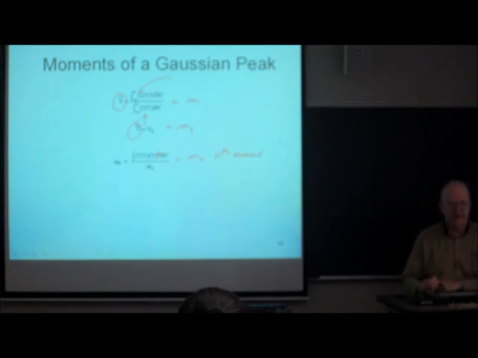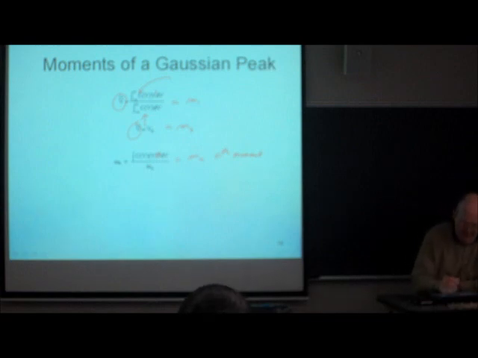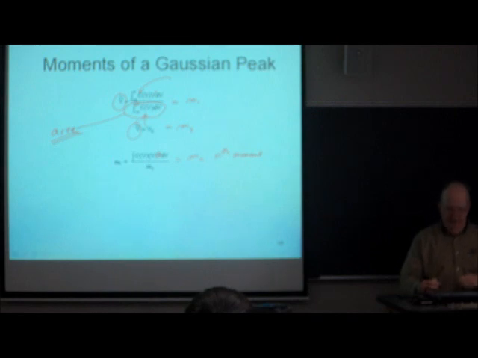By the way, in the denominator, we're not multiplying the concentration by any volume. We're multiplying it by 1; V to the 0 is 1. So that's the 0th moment of the peak, but it's simply the area under the peak. And for all of the higher moments, the denominator here is always m naught, the 0th moment, the area under the peak.